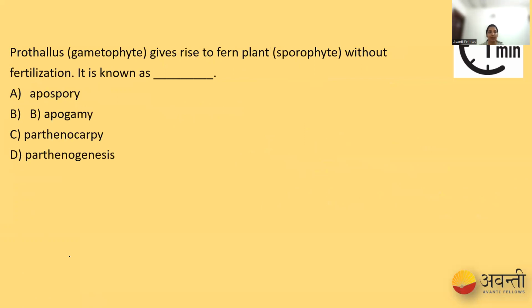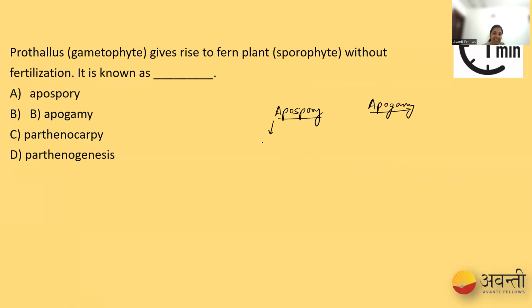Next question says that the prothallus gametophyte gives rise to the fern plant sporophyte without fertilization. It is known as A. Apospory, B. Apogamy, C. Parthenocarpy, D. Parthenogenesis. Remember these two terms, apospory and apogamy.